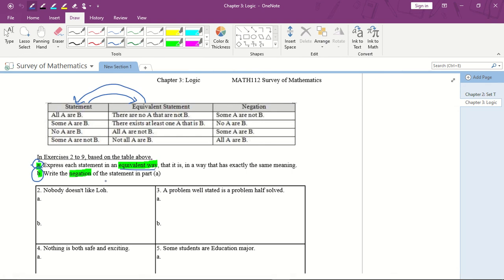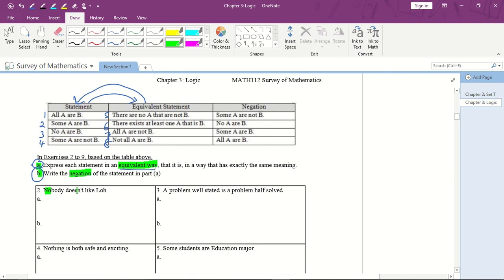Here we have one, two, three, four, five, six, seven, eight. Can you guess which statement "nobody doesn't like law" belongs to? Try to guess. Nobody doesn't like law. If you observe carefully, look here: nobody that does not.